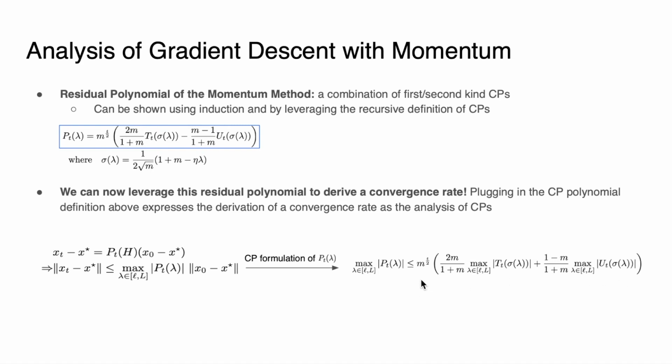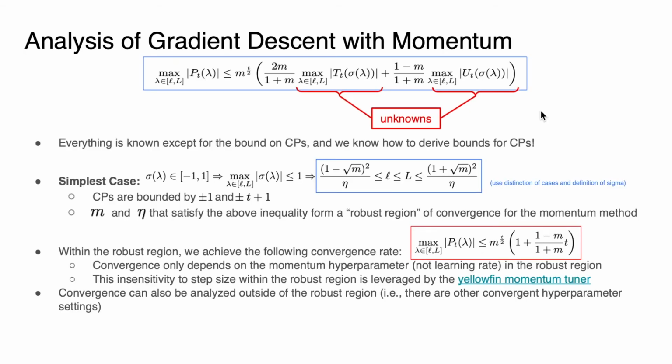So this term is pretty easy to analyze as long as we can derive bounds on our Chebyshev polynomials. In order to provide a convergence rate for gradient descent with momentum, we must bound the maximum value of our residual polynomial over the eigenspectrum of our objective matrix, which is given by this equation shown here.